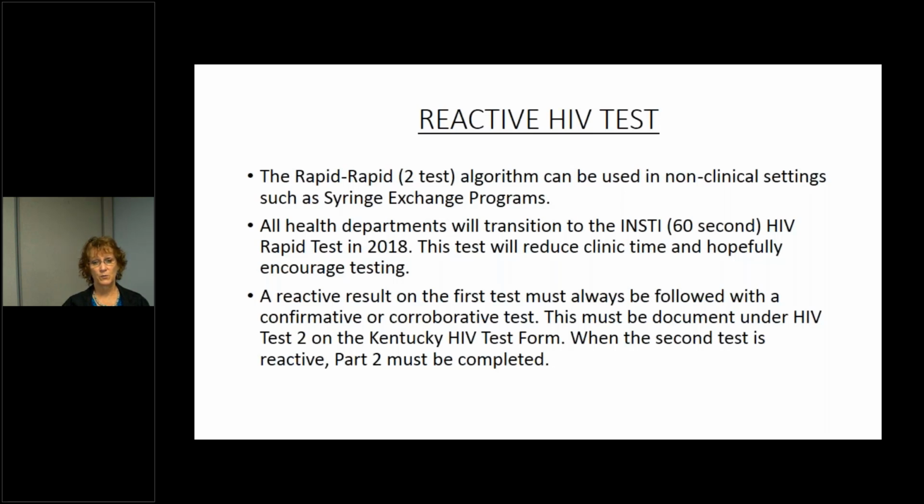At this point, CDC is only recommending the rapid algorithm in non-clinical settings, but we are defining the syringe exchange programs as non-clinical. So for those who have an SEP, you can use the INSTI test, which has greater sensitivity and specificity, and it's only 60 seconds.